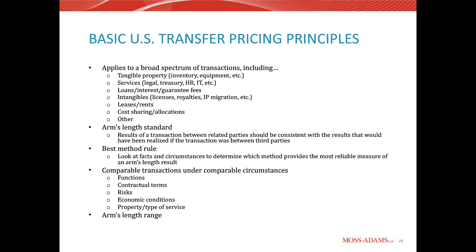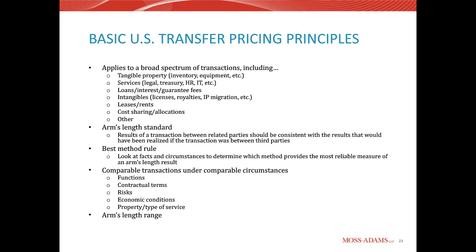It has to be the same payment terms. And on the last point there, we talk about an arm's length range. Often transfer pricing is considered, in many respects, an art as opposed to a hard science. And we often come up with an arm's length range for prices because there are varying degrees of situations that could apply.